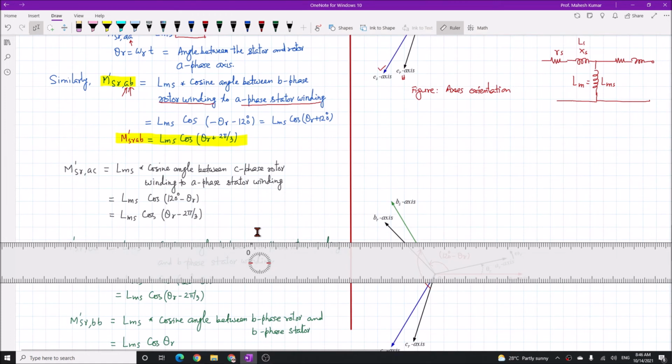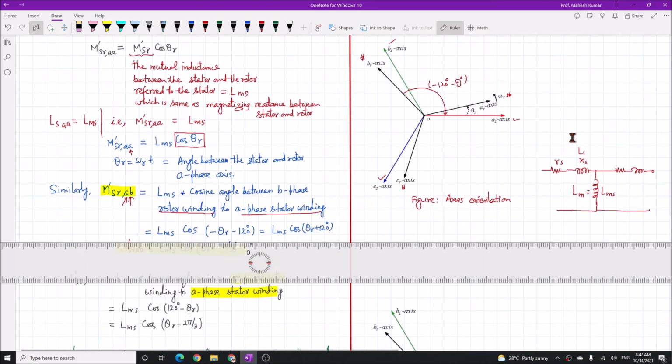Likewise, we can find out what is MSR AC. Now AC, I have to move from C to A, C phase rotor to A phase stator. If you move from C to A, you can see from here, we are moving from this to this.